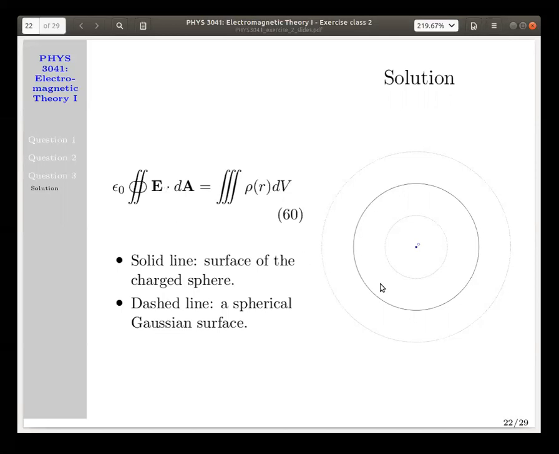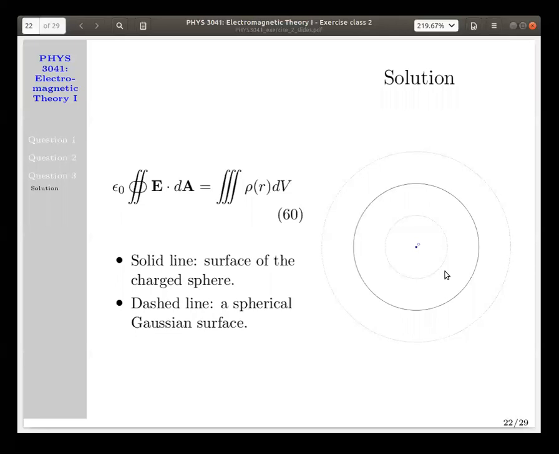So here is the surface of the charged sphere that we are considering, the solid line here, and then we can draw a surface to do the integral here, and such a surface is the so-called Gaussian surface. So when we consider the electric field inside the sphere, we will draw a Gaussian surface inside the sphere.